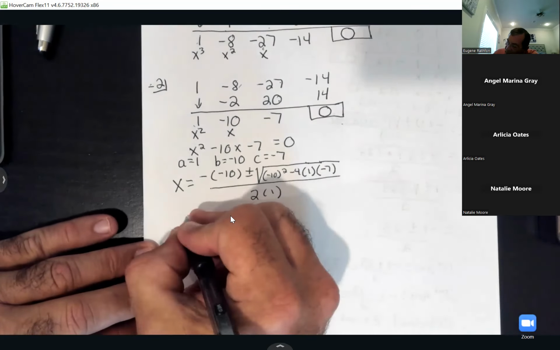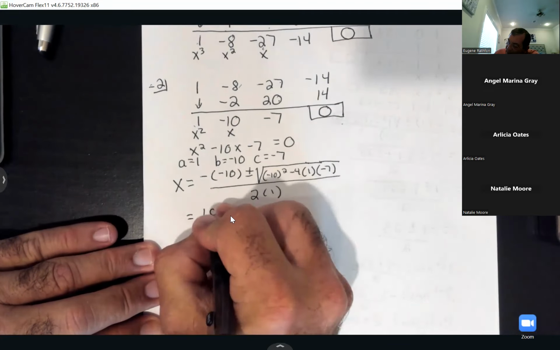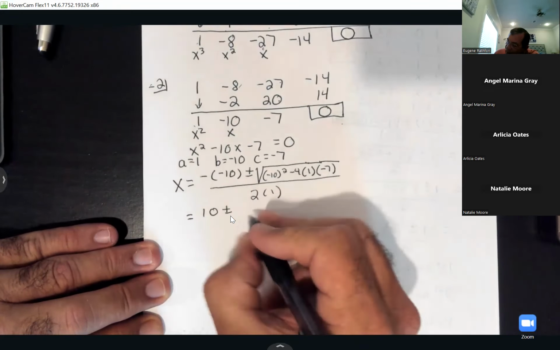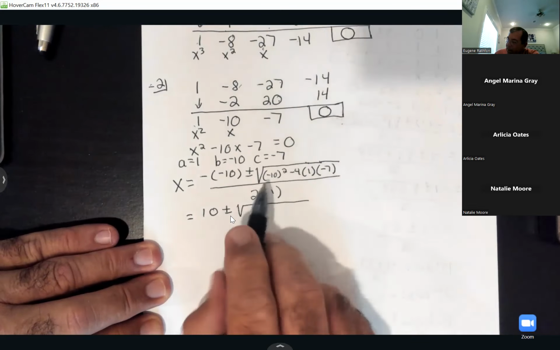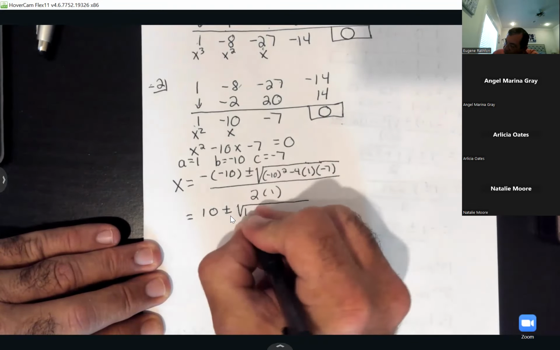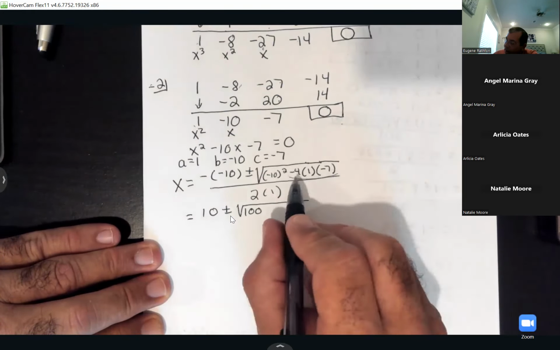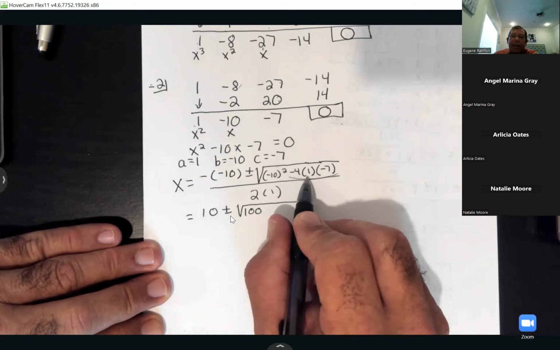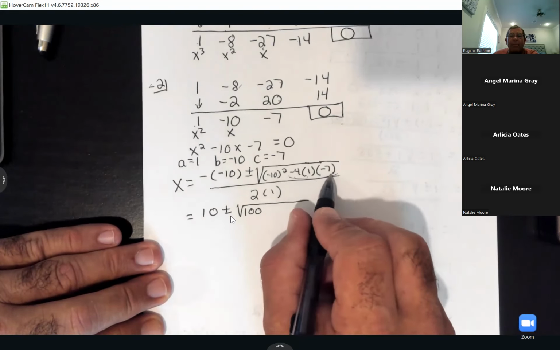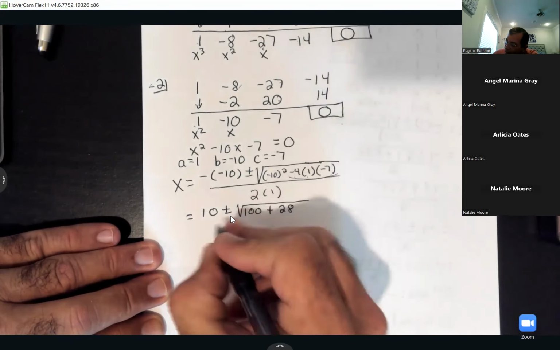All righty, y'all, so here we go. Let's start working this formula down. Negative 10 makes that a positive 10, plus or minus. Negative 10 squared is 100. Now over here, we're multiplying all that together. Negative 4 times 1 is negative 4. Negative 4 times negative 7 is a positive 28.